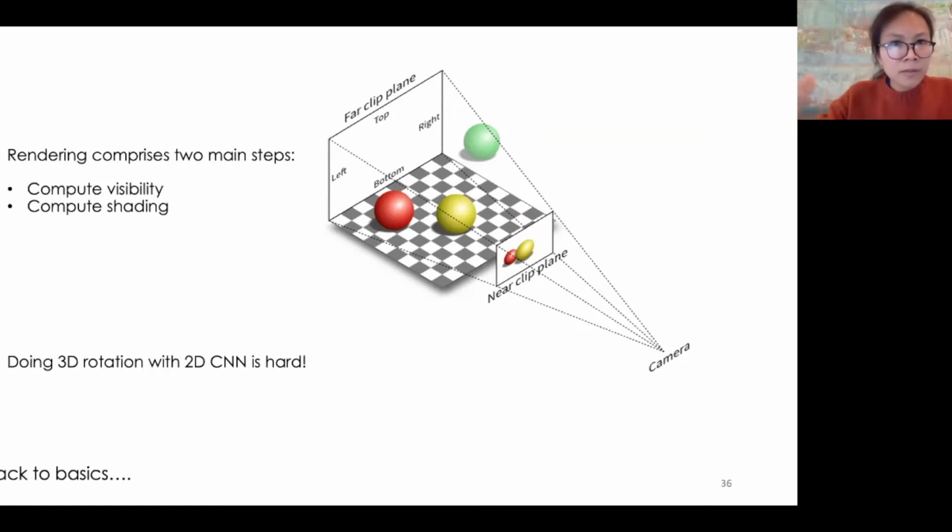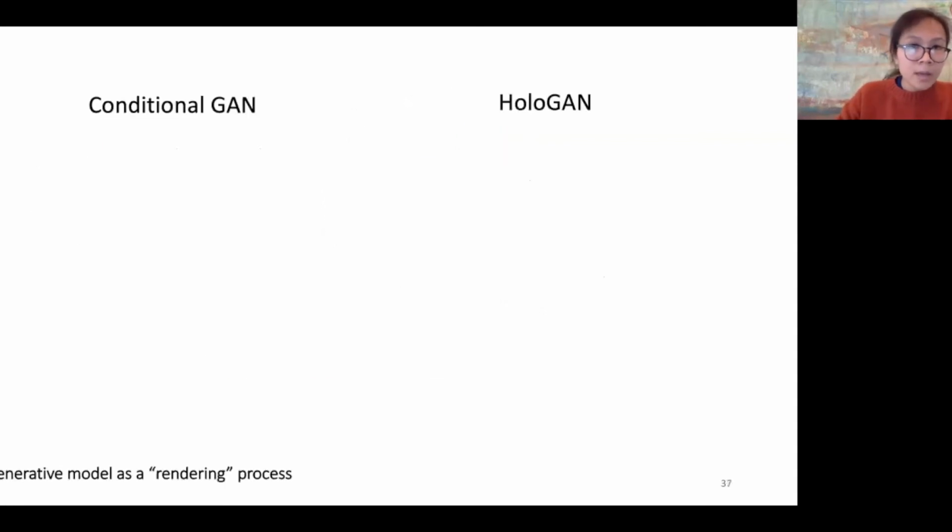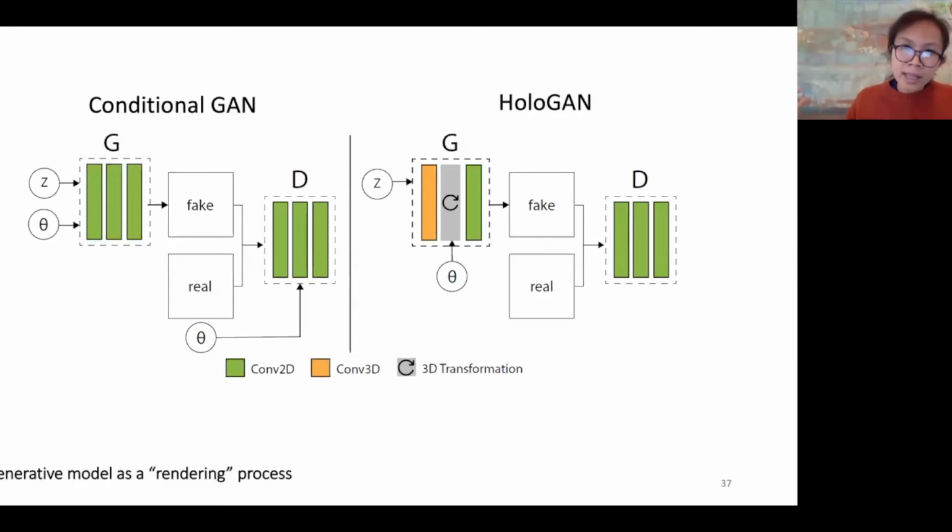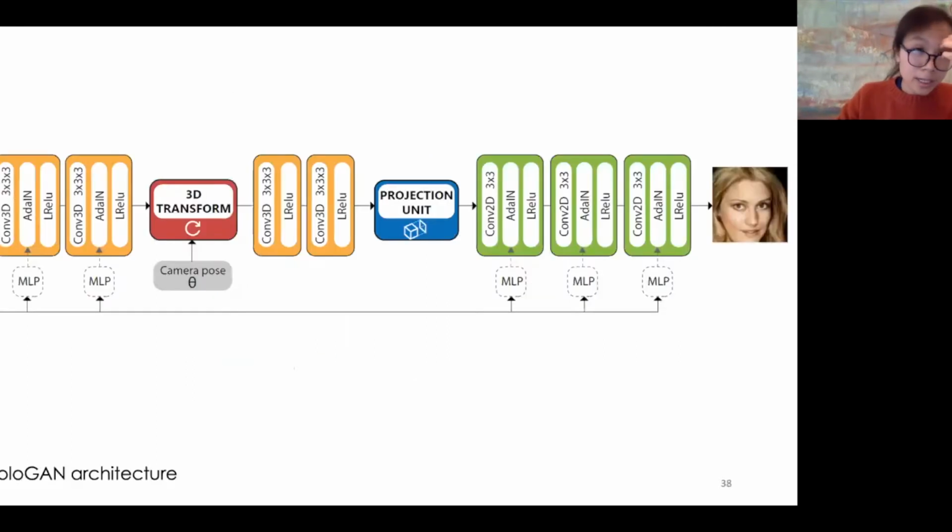And as we've seen from RenderNet, when it comes to rendering, there are two steps: computing visibility and computing shading. And another insight, again, is that doing 3D rotation with a 2D CNN is really hard. So with that, we frame the generator of the GAN as a renderer of some 3D representation. You can see it in the architecture as well.